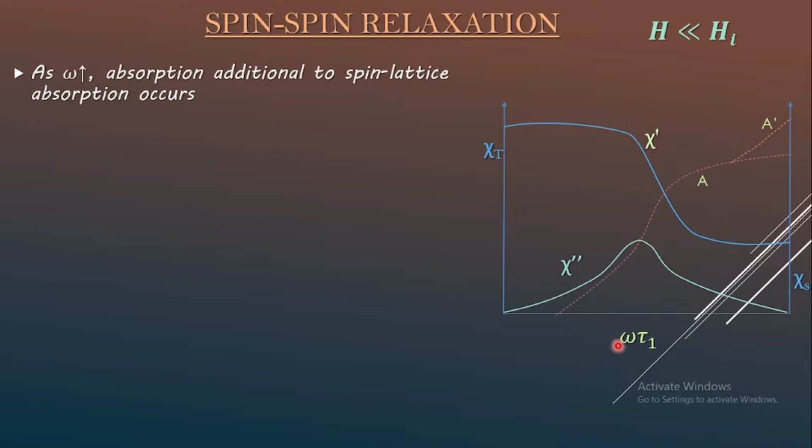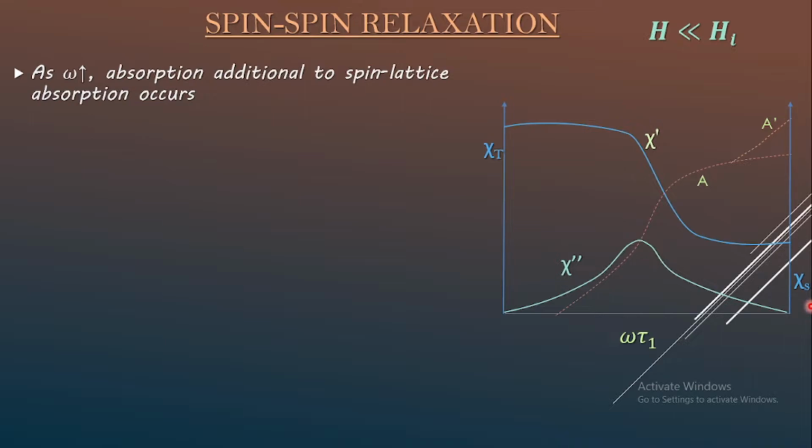If we move from left to right, omega increases, and we can observe the energy absorption deviates from this graph. That is, at higher frequencies we observe a certain extra amount of energy absorbed, which we call the energy absorption due to spin-spin relaxation.